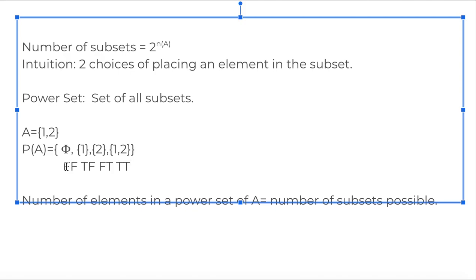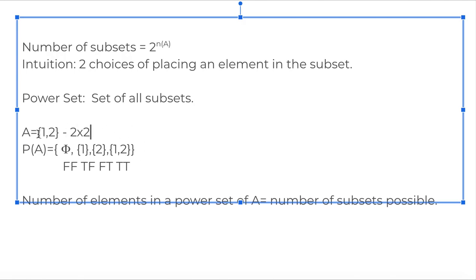So you chose not to put 1, and not to put 2: you had an empty set. You chose to put in 1, you got 1 here, but you did not choose to put in 2. And here you chose to put in 2 and not 1, and here you chose to put in both of them, right? So you have 4 choices. For every element you made two choices, and hence it's of the form 2 times 2.